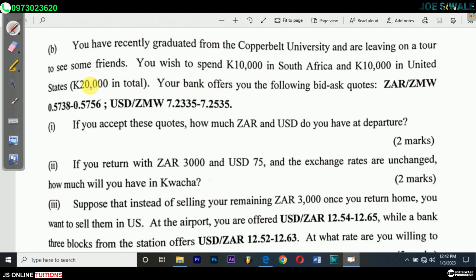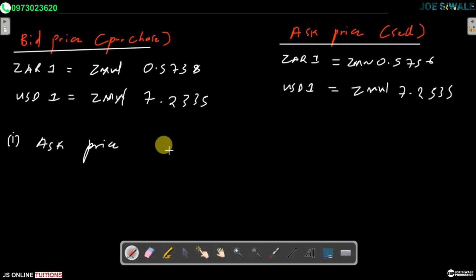So let us proceed with the question. The first thing that we're going to do is write down the bid price and the ask price. As you can see, for the bid price, which is known as the purchase price of the foreign currency, we have 1 South African rand is equal to 0.5738 Zambian kwacha.